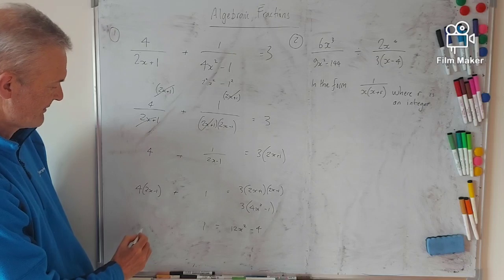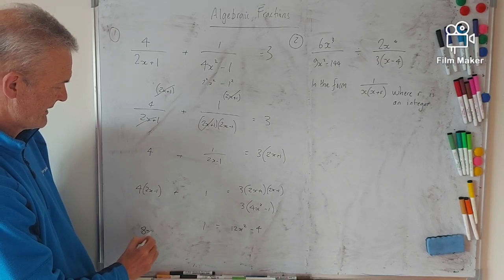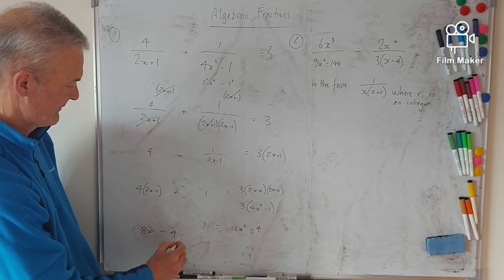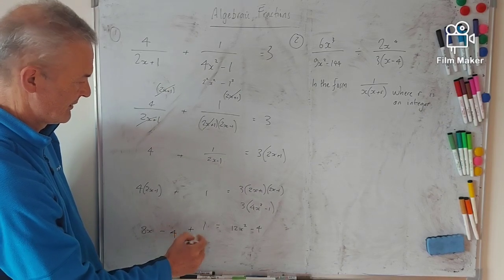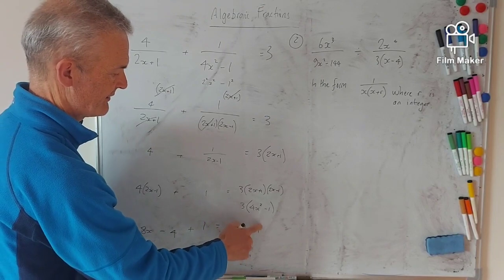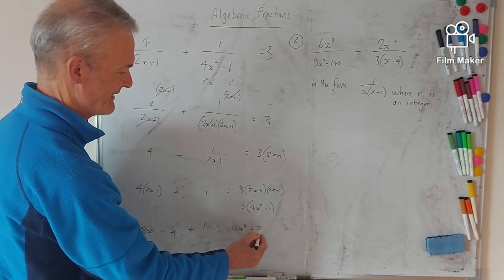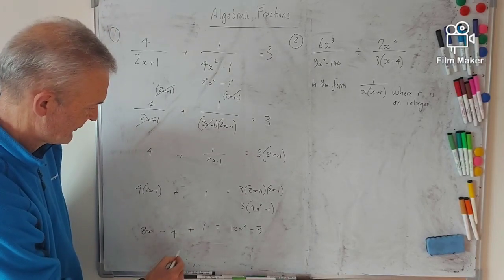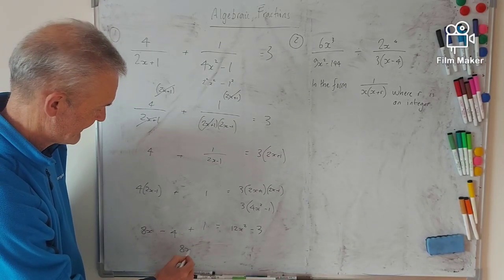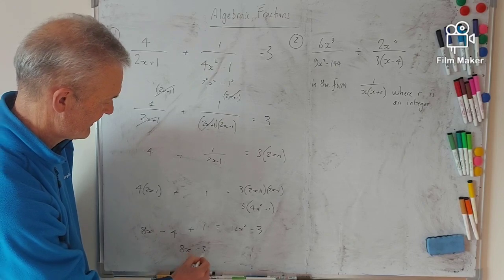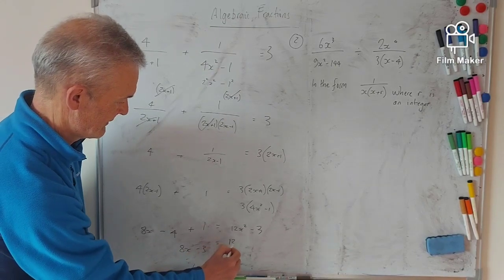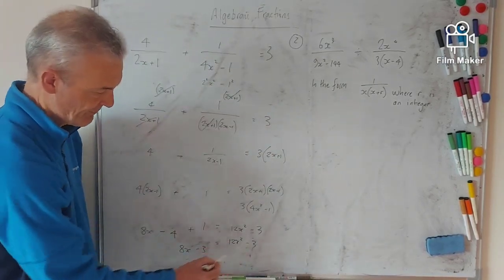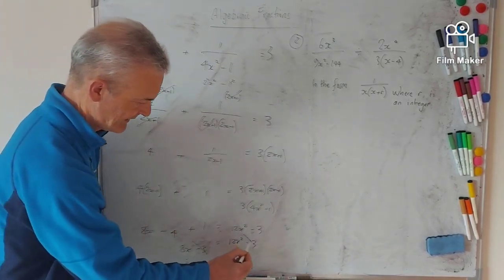If I multiply this out, I'm going to get 8x minus 4, plus 1, which is obviously going to give us minus 3 as well. So we're going to get 8x minus 3. Like so. Notice we've got minus 3 on each side, so they will cancel out.